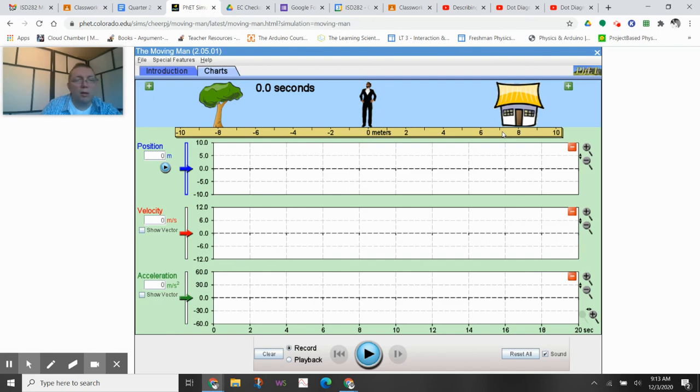A few things I want to emphasize before we go any farther. Remember, positive and negative are used to describe directions. On this website, they chose 0 to be in the middle, positive to be to the right towards the house, and negative to be to the left towards the tree. In the way we understand physics, we can choose any frame we want.